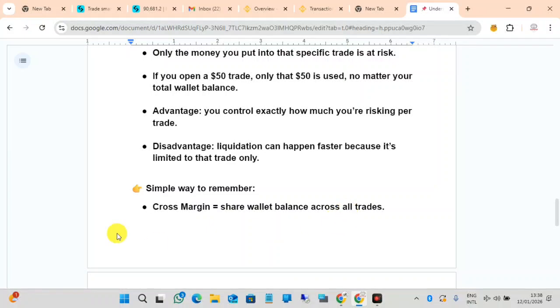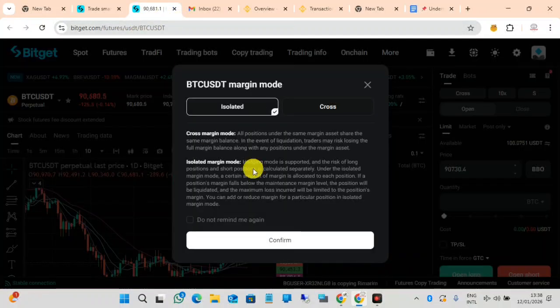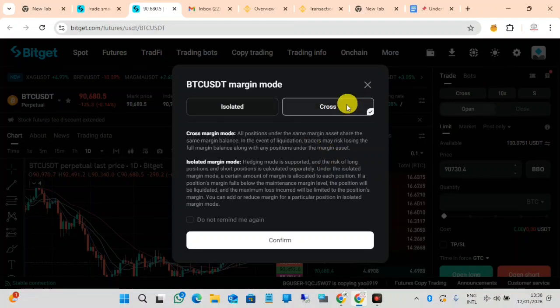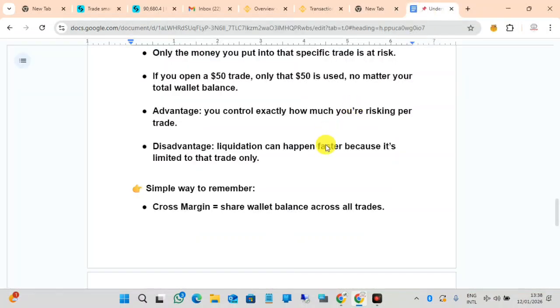If you are using cross margin, your total capital is open to the market, unless you use a very tight stop loss to secure your capital. Hope you understand me right now.